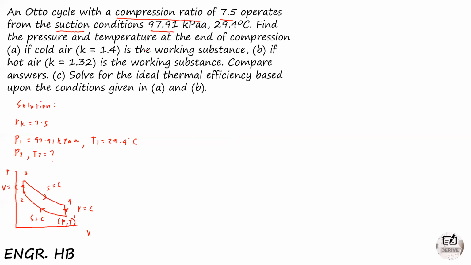Okay, so our RK is 7.5. Our pressure is already absolute, so there's no need for conversion. This T1 is only in Celsius, so we need to convert it to Kelvin.